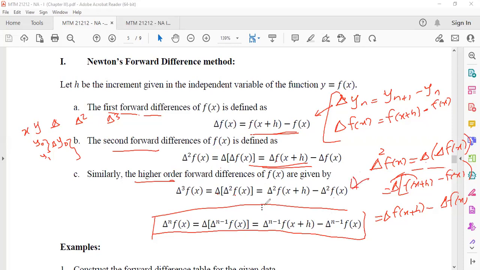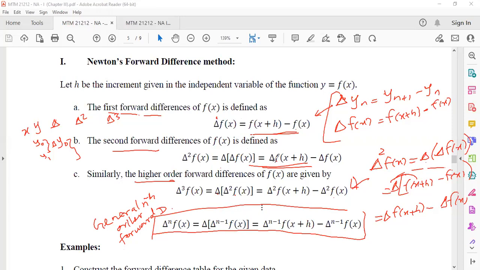Okay. So we don't need to go further. So dot dot dot, it goes. This is our general nth order forward difference of f(x). So delta n f of x will come as delta n minus 1. See here also this is one term, so there are no 0 terms.